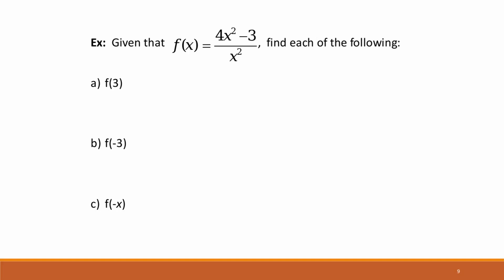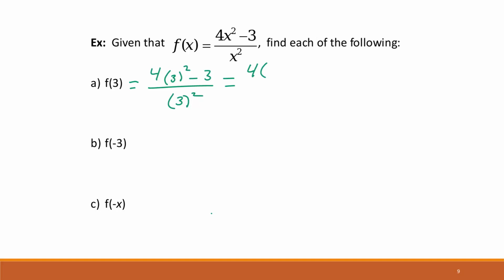So this one might look more complicated because it's a rational function, but it's not. You're still doing the same process here. So let's take a look at a couple of the problems. So if we substitute in 3 for x in this first one, we would do our exponents first.